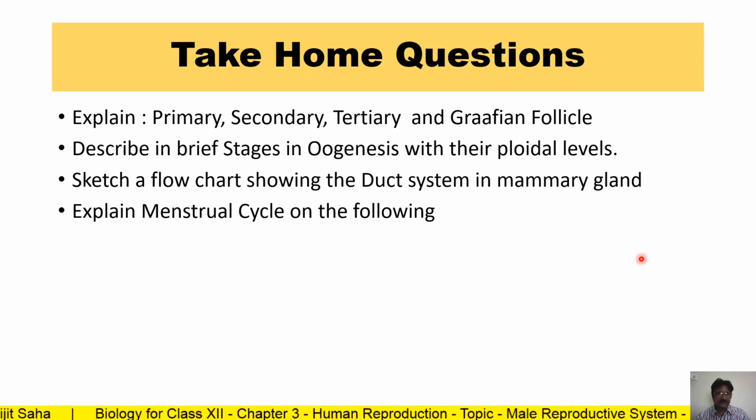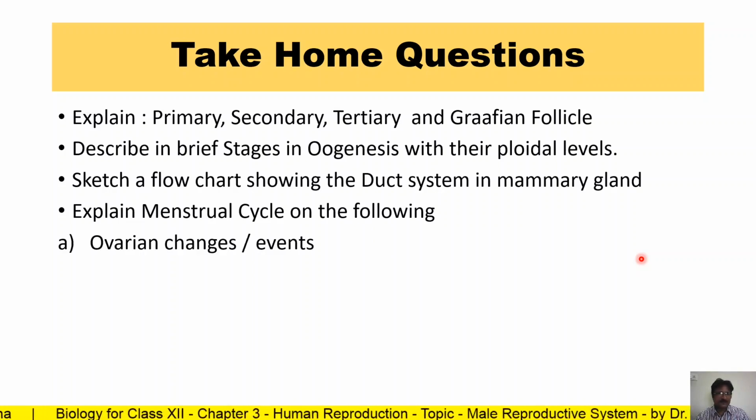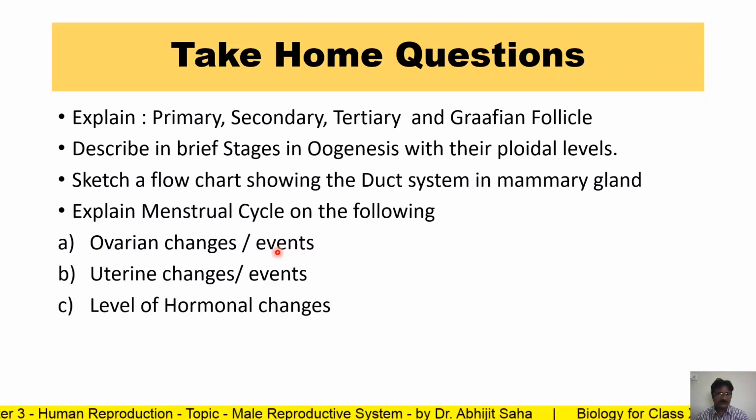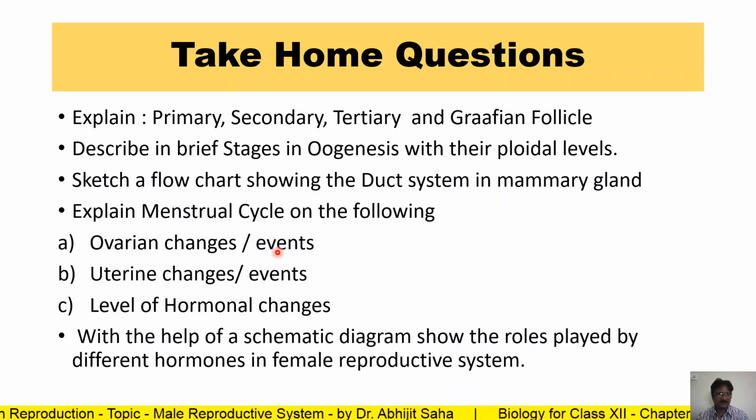Describe the menstrual cycle on the basis of the following: ovarian changes. You may not be asked to write the details of the menstrual cycle, but you may be asked only the ovarian changes or events, or the uterine events or the level of hormonal changes. Such questions may also be asked.